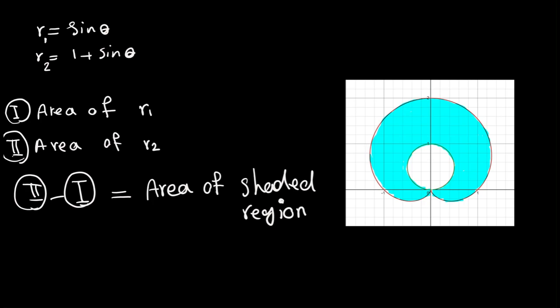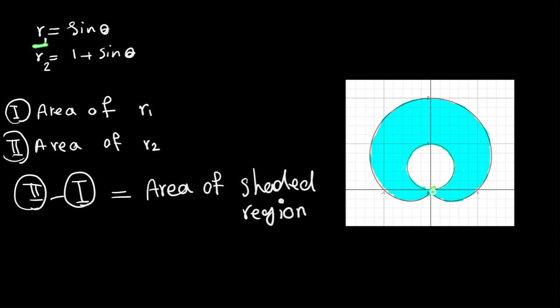But the more advanced way that we can apply to any other curve is to look at the curves. Start at theta equals 0 and look at the radius of each curve. By radius I mean r.